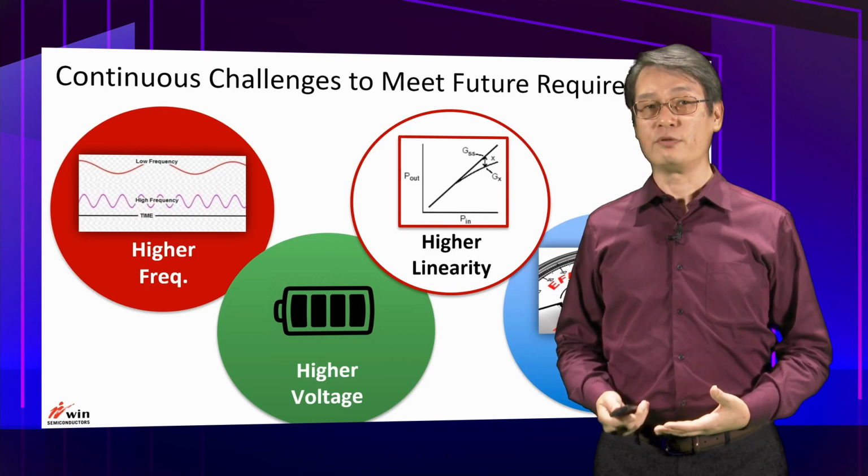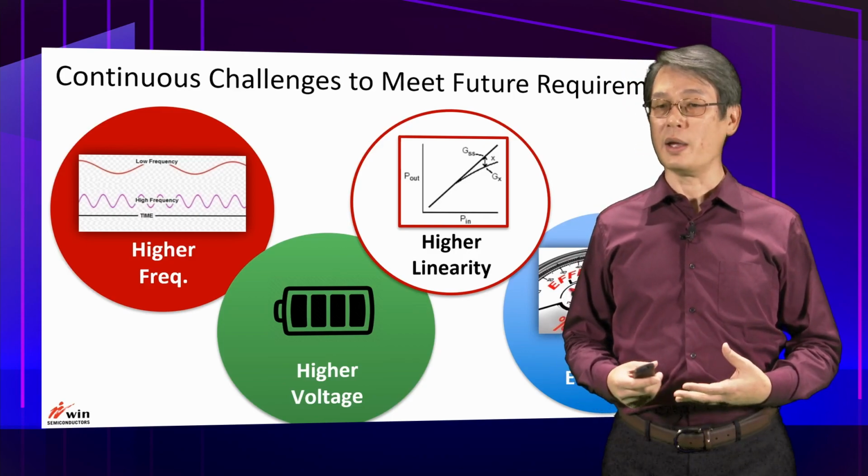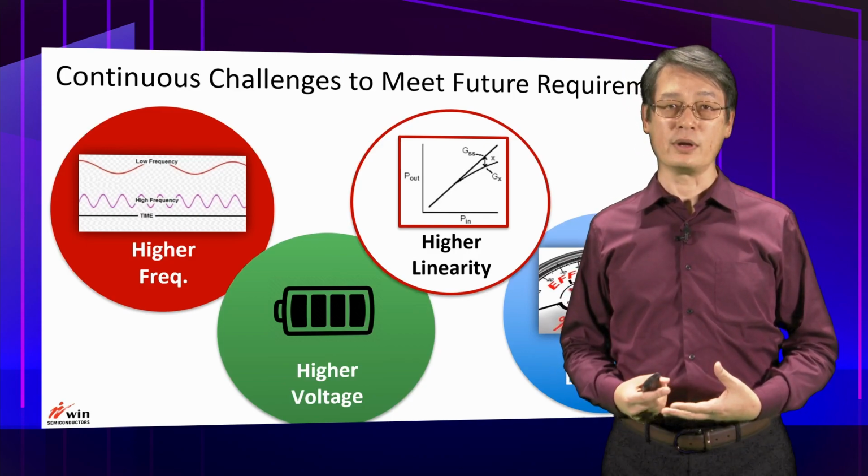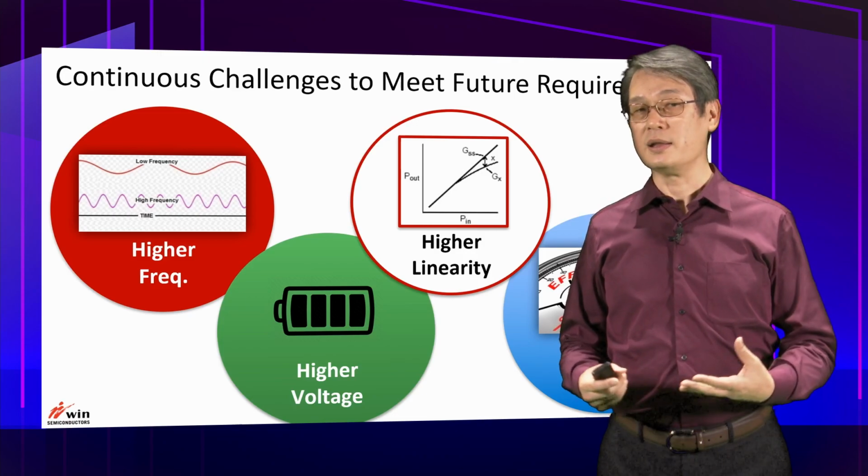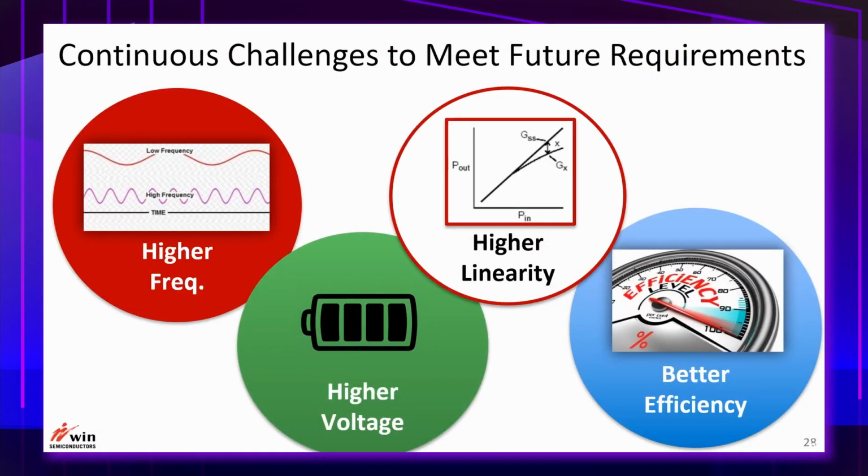Higher linearity performance is required to amplify higher order modulation signal, and the higher operating voltage is needed to transmit more power for longer range. And improved power efficiency is constantly required to reduce power consumption, particularly for power amplifier.